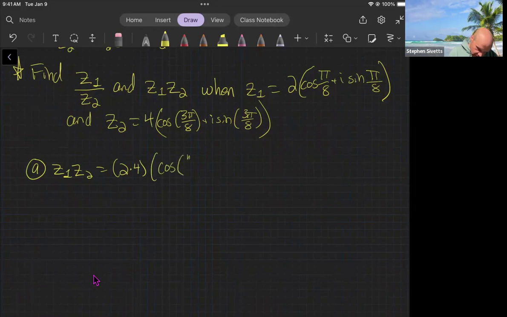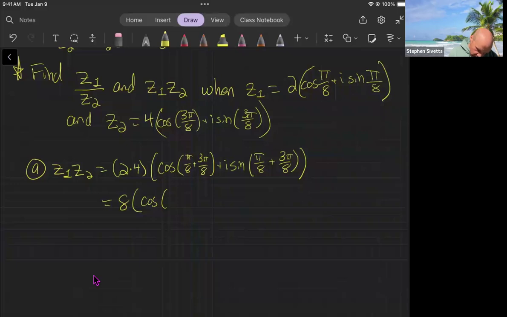Cosine of pi over 8 plus 3 pi over 8 plus I sine of pi over 8 plus 3 pi over 8. Okay, so this equals 8 times cosine of 4 pi over 8, which is pi over 2, plus I sine of pi over 2.